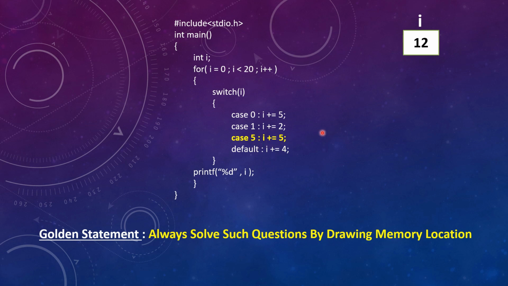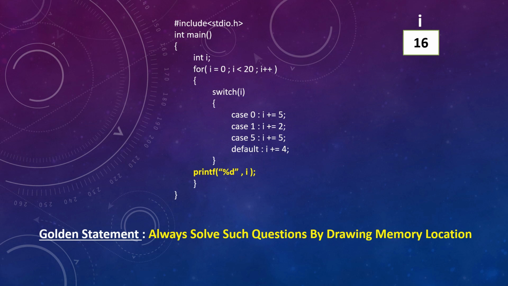Then i will be incremented by 5 because case 5 will also be executed. Then i will be incremented by 4 because the default case will also be executed. So i is now 16. Now we move out of the switch block and come to printf of i. So we will print 16 on the output console first.